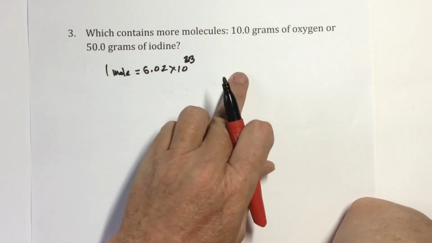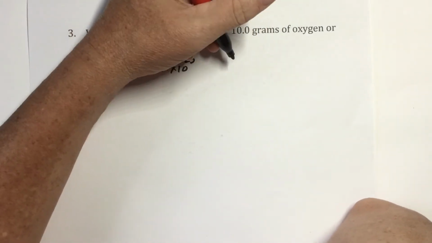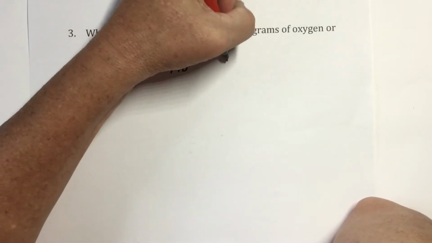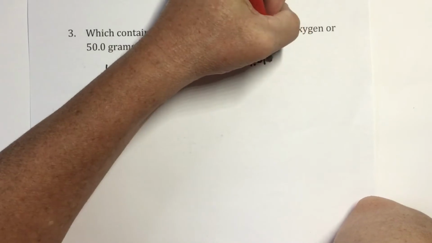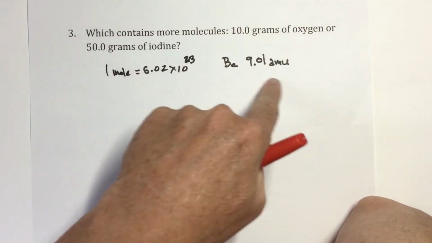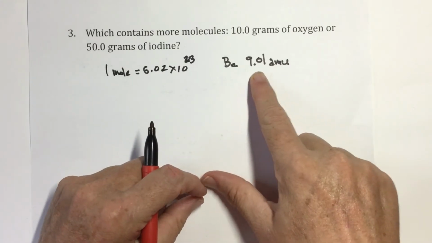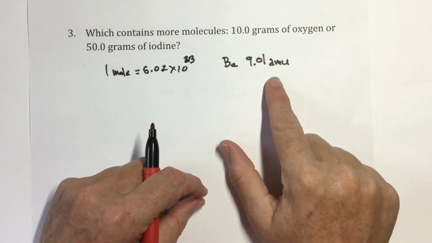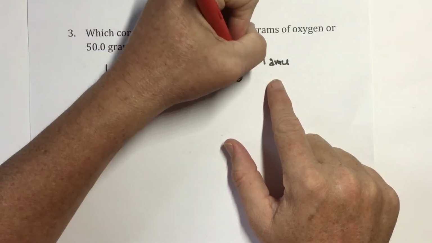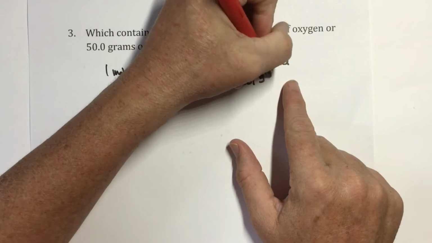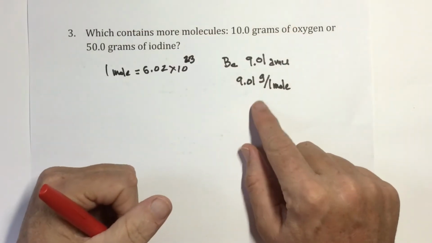Then by definition then, the atomic mass of some substance, such as the atomic mass of beryllium, which is 9.01 atomic mass units, AMUs. So, the atomic mass of some substance is the number of grams in 1 mole of said substance.